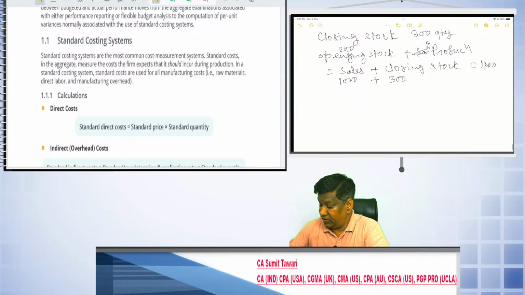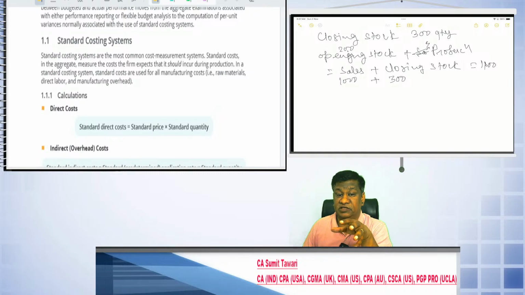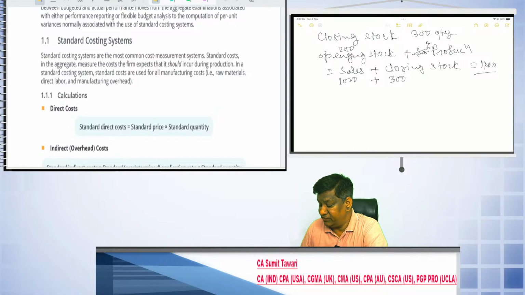Then when I'm preparing a budget, I work out how much raw material quantity I require to produce 1100 quantity. Say for one quantity of output, I may need two quantity of input with a standard price of 20.